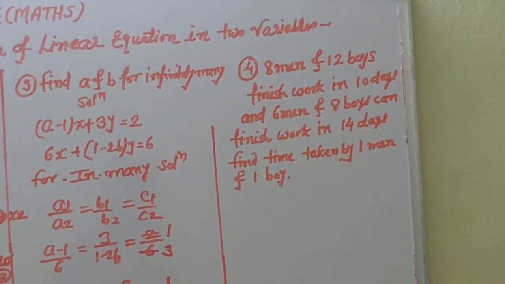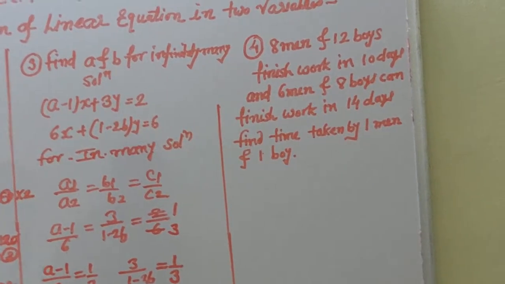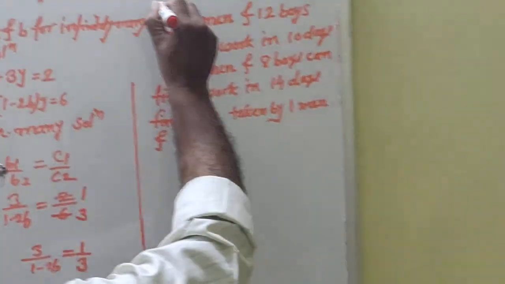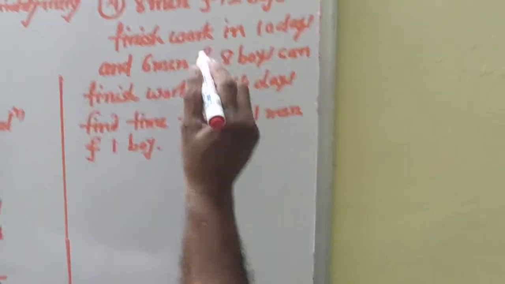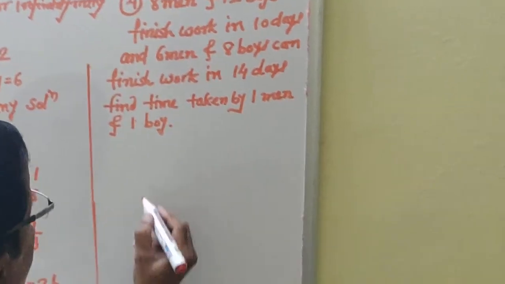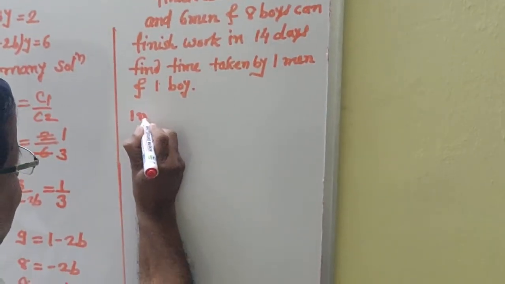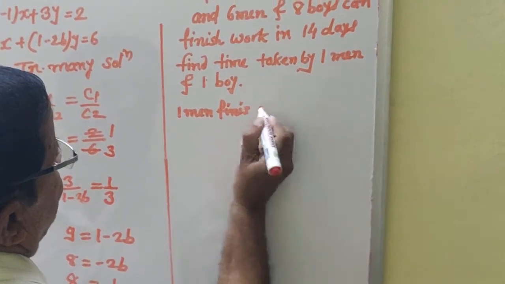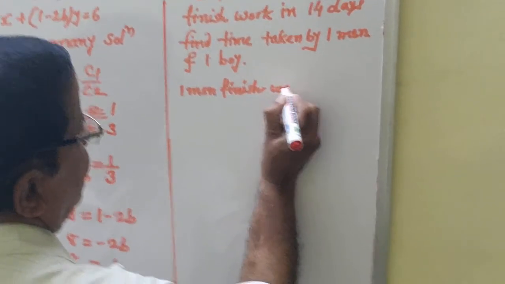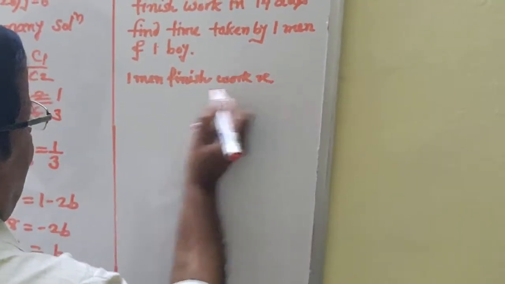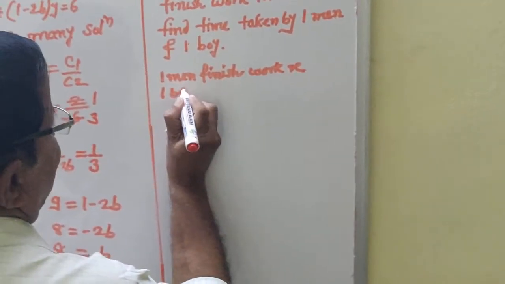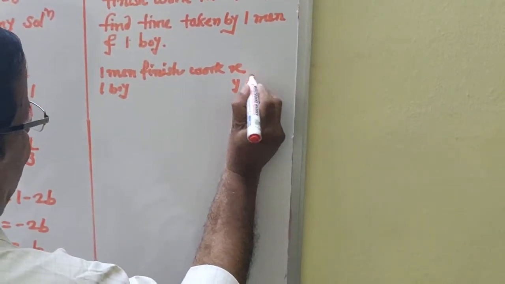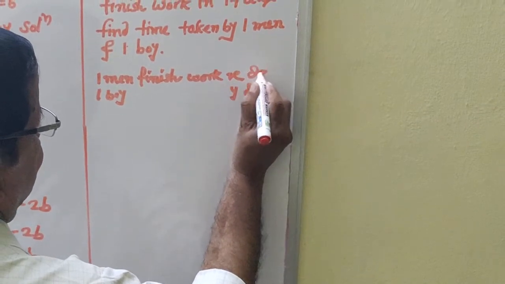Now we are going to solve this problem, which is very important from the examination point of view. 8 men and 12 boys finish the work in 10 days. Let one man finish the work in x days and one boy finish the work in y days. I will write this down.